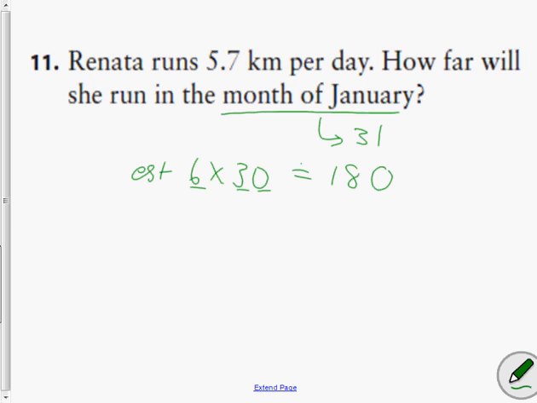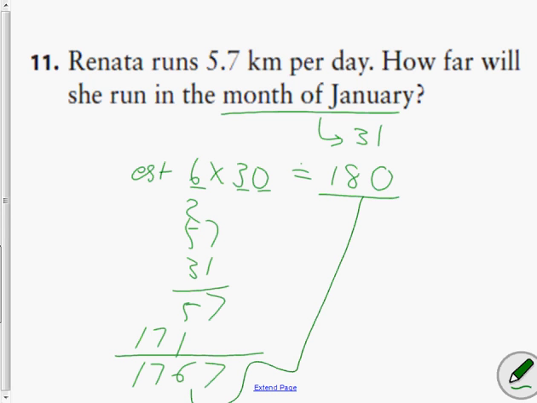When I drop the decimal and multiply it out, I get 1767, and the only place I can put my decimal to make it approximately that much is right there. So 176.7 kilometers in the month of January is how far she will run.